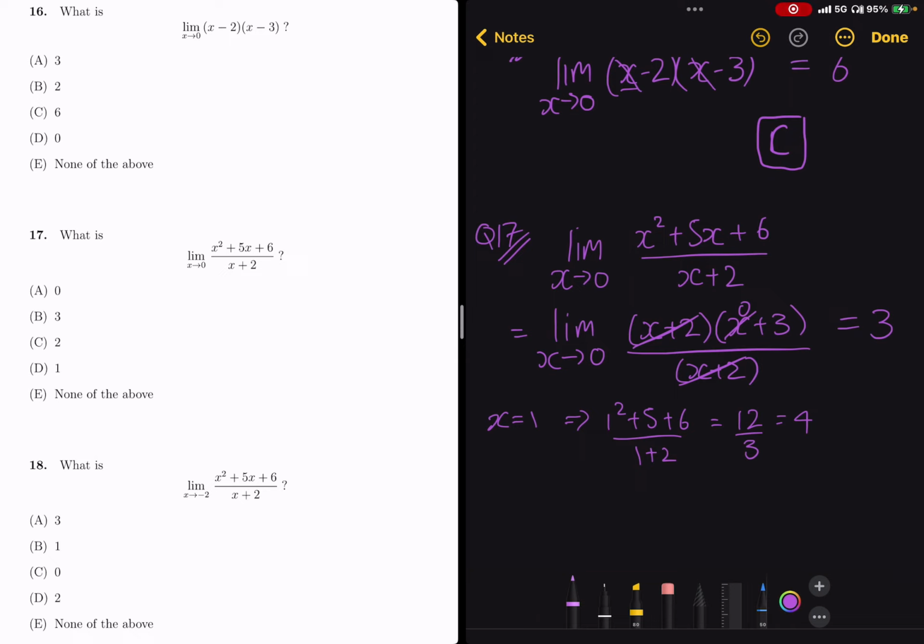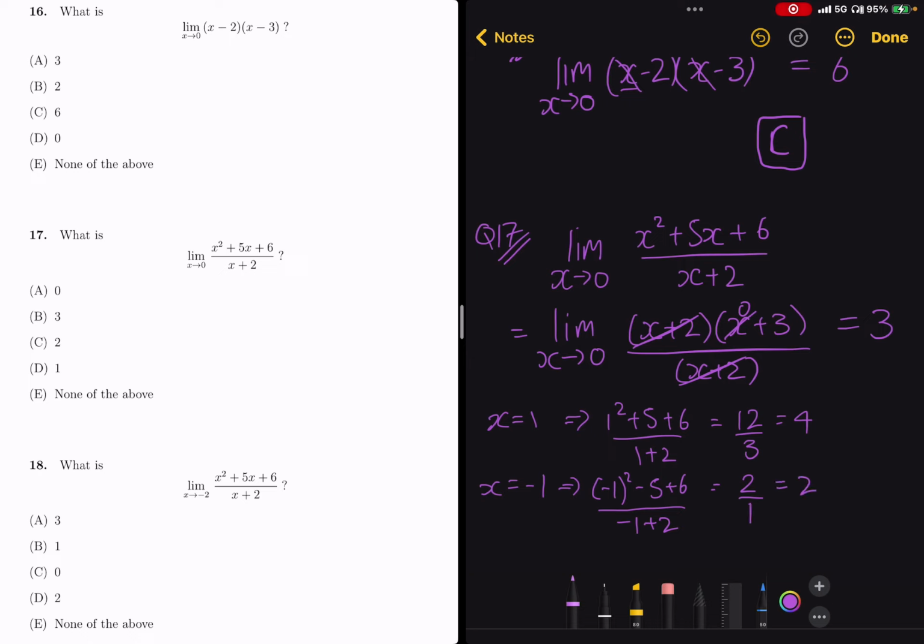And then if we look at the other side, x is minus 1. This gives us minus 1 squared minus 5 + 6 over minus 1 + 2. So this is 1 minus 5, which is minus 4, plus 6, which is 2, over minus 1 + 2, which is 1.